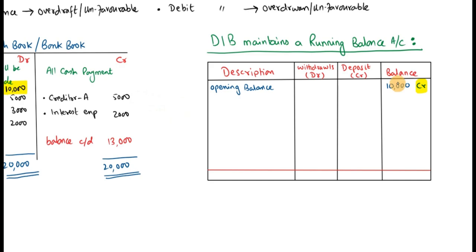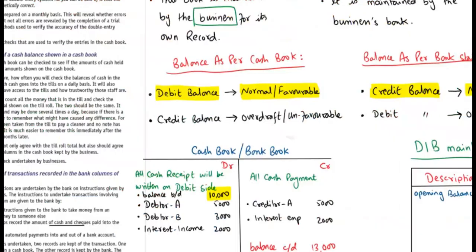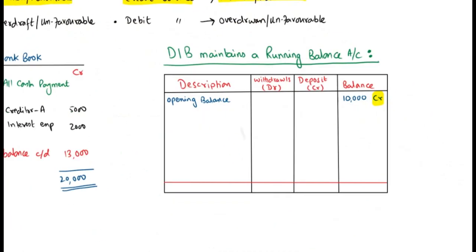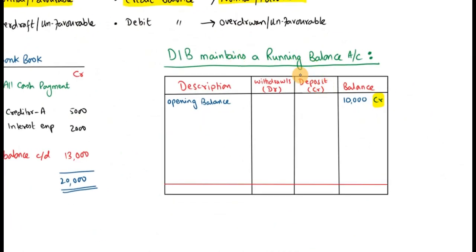This 10,000 belongs to the business. It means it's a bank liability. The bank has to pay back this 10,000 to the business, ABC Limited. That's why the bank is maintaining this account.